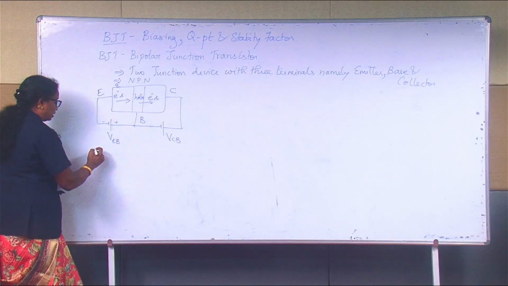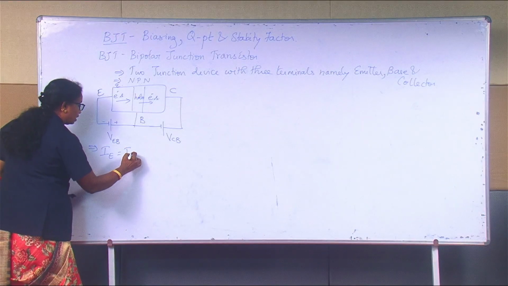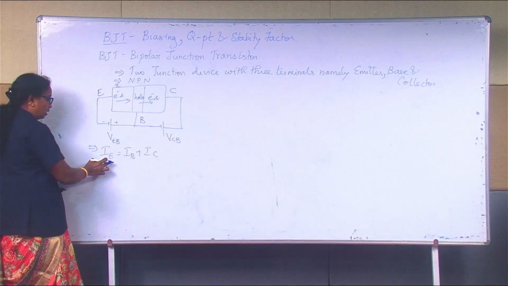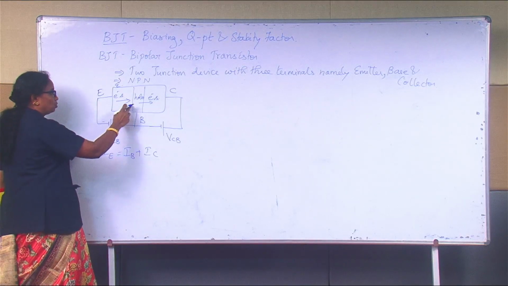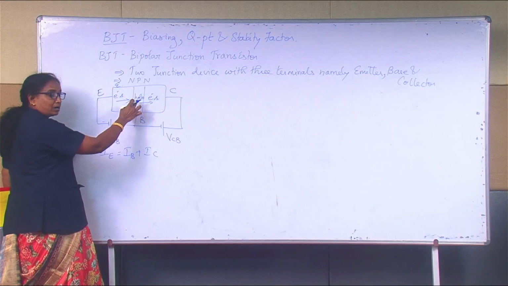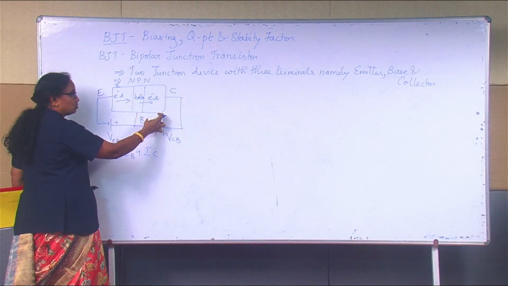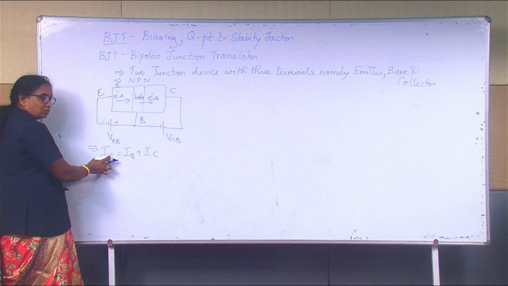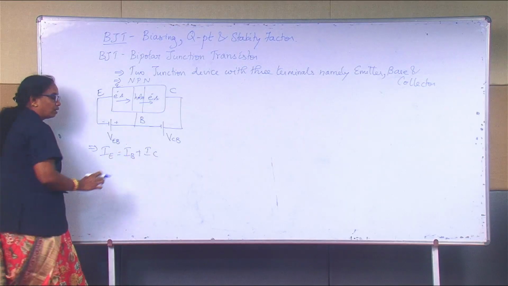So, if you take the current equation of this BJT NPN transistor, IE is equal to IB plus IC. What is IE? It is the current due to the flow of electrons from the emitter towards the base. And few electrons here will get recombined with holes, constituting the base current. The remaining electrons will reach the collector and constitute the collector current. So, IE, the total current, is equal to the sum of the two currents, base current and collector current.